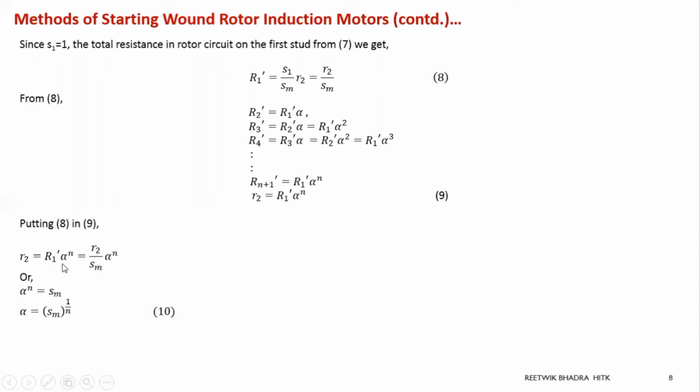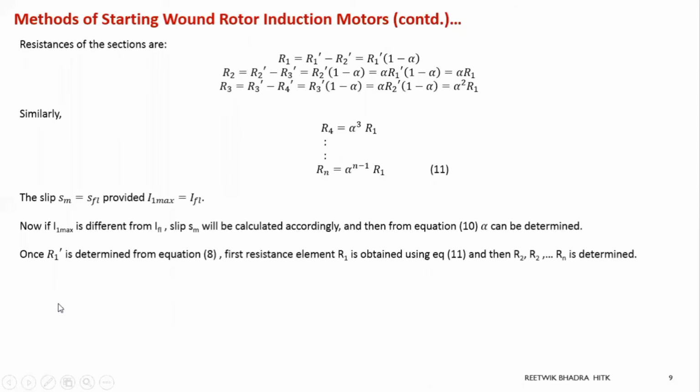Now R2 and R2 cancel out, so Sm goes to this side, and alpha to the power n is Sm. So can you calculate alpha? Alpha is equal to Sm to the power 1 by n. This n is the number of studs which we are using. We'll see how it works while doing problems, and you can understand it in a better way. I'll tell you in the next slide.